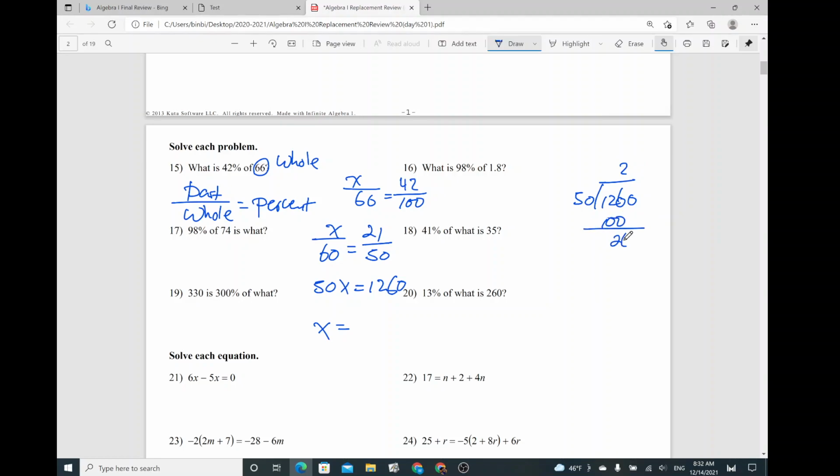Subtract, 26. Bring down the 0. 2 is kind of small, so maybe 5 times. 5 times 50 is 250. Subtract, so we get 10. Carry down a decimal and then bring down a 0, so we have 25.2.